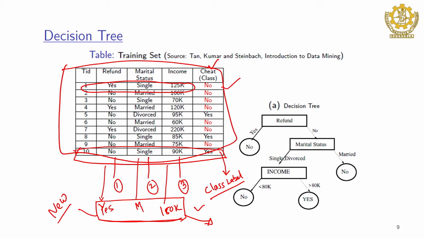If you consider only the attributes refund and cheat, you will get a relationship, but that is not sufficient. You have other characteristics also. So, including all these attributes, you have to come to a conclusion about what is the relationship between the category and all the other attributes here. That is the model.